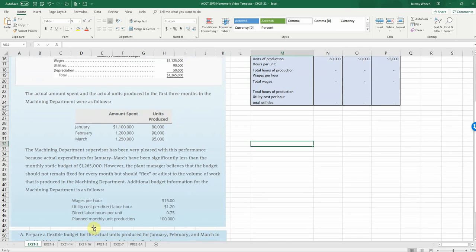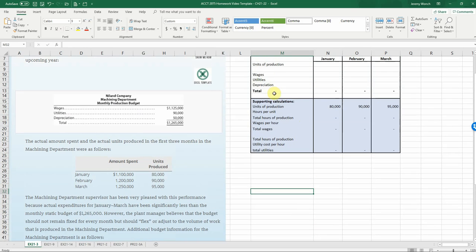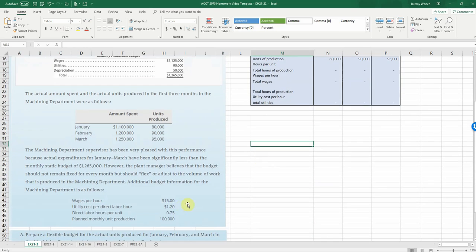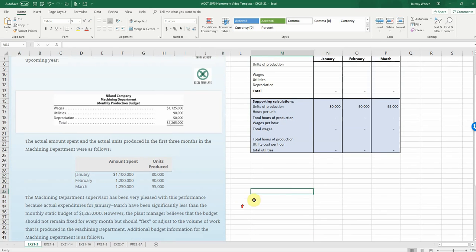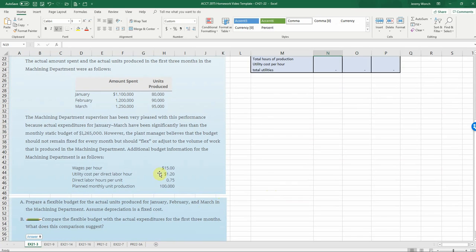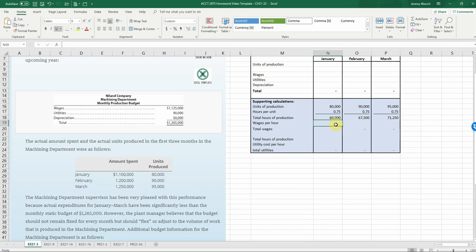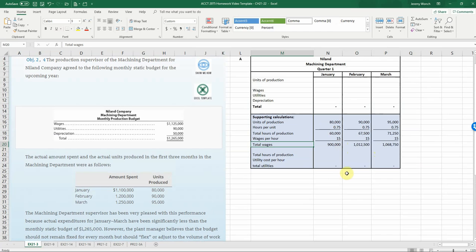So we're calculating our wages. We have direct labor hours per unit of 0.75. That's going to give us the total production hours, and then if we plug in our wages, the wages were $15 an hour, that will give us our total wages.